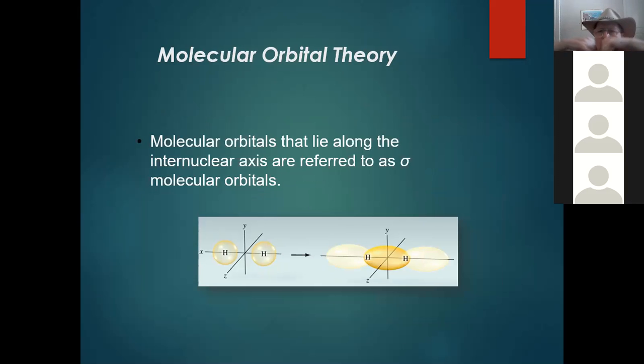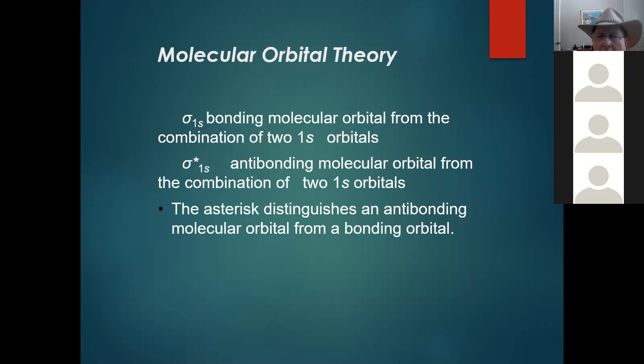If it's straight on, this is going to be a sigma molecular orbital. If I have the bonds that are destructive, that's going to be a sigma star 1s. What the star means is that it is considered to be an antibonding molecular orbital. So if I just have the plain sigma 1s, this is a bonding molecular orbital. I put the star up there, that's an antibonding.